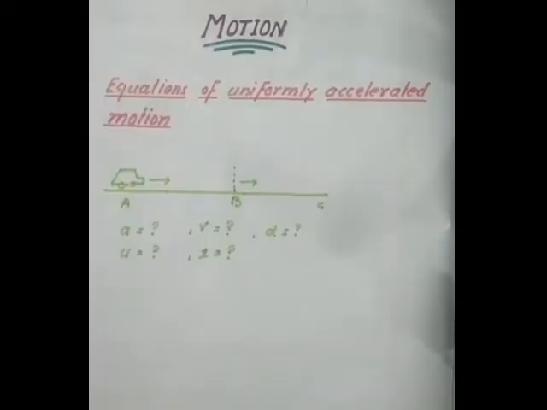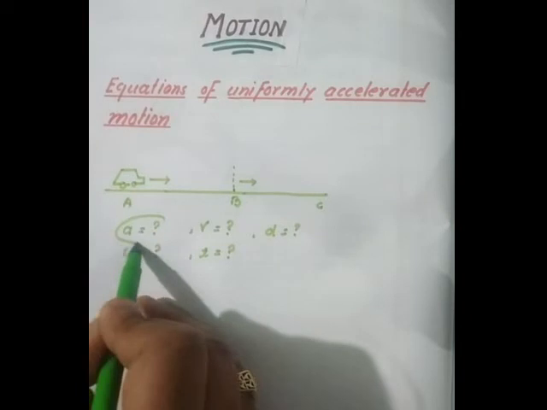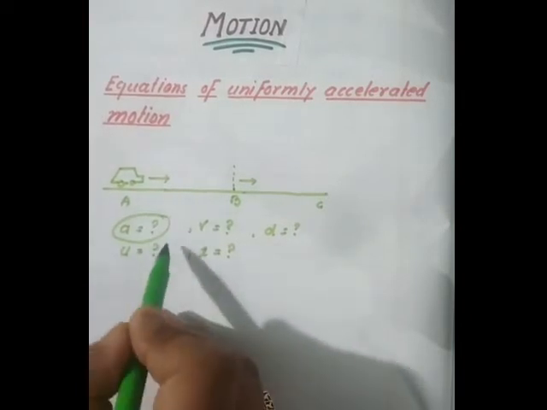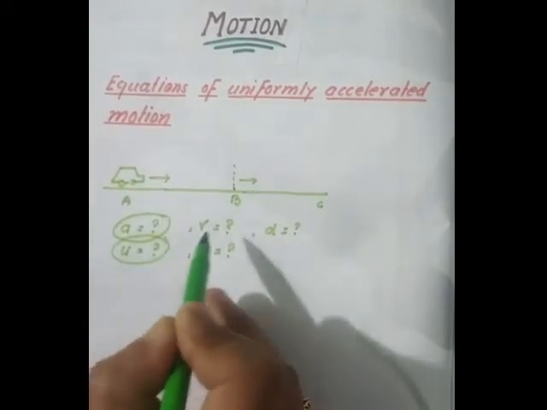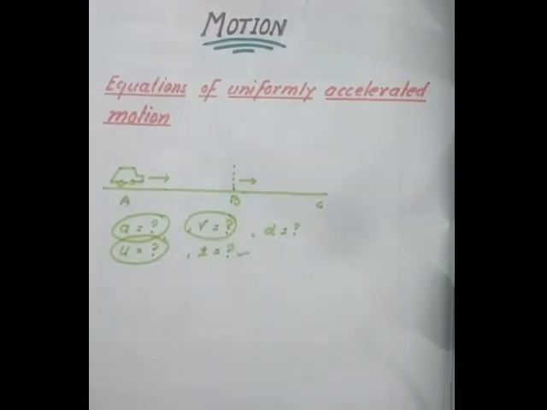So, when they give us in the question the acceleration, initial velocity, final velocity, and we have to find out the time, in that case which equation do we use? The equations of motion are so important for us.